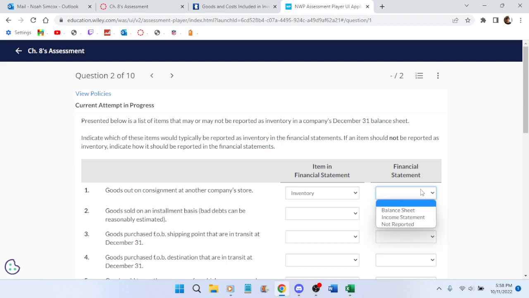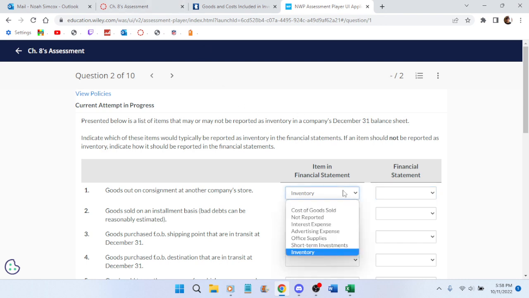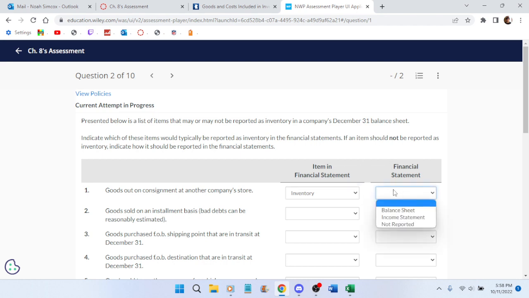Wait, do I answer this? Huh? Hold up. What? So they want you to say which income statement? Oh. The inventory is going to be as a balance sheet. Goods sold on an installment basis. Actually, you know what?